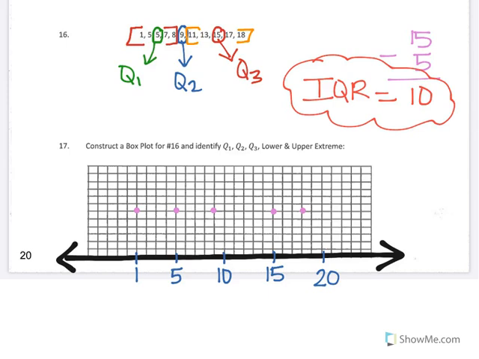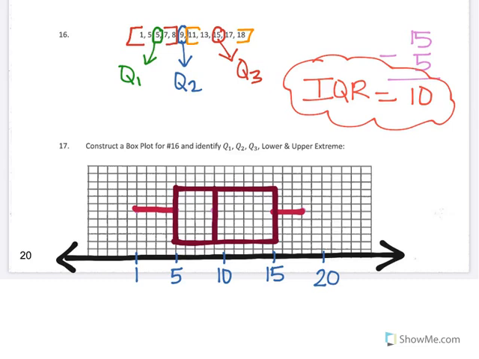Then I'm going to connect the outer dots because those are the whiskers, and I'm going to make a box around the 3 dots in the center and a line through the middle. And then it says to identify all 3 quartiles, the lower and upper extreme.